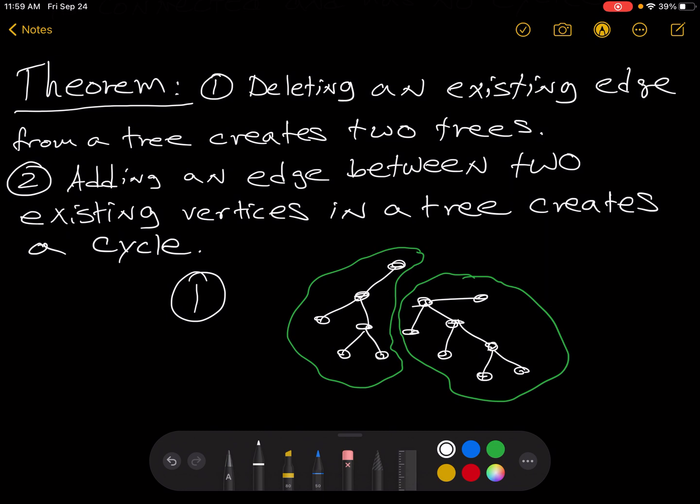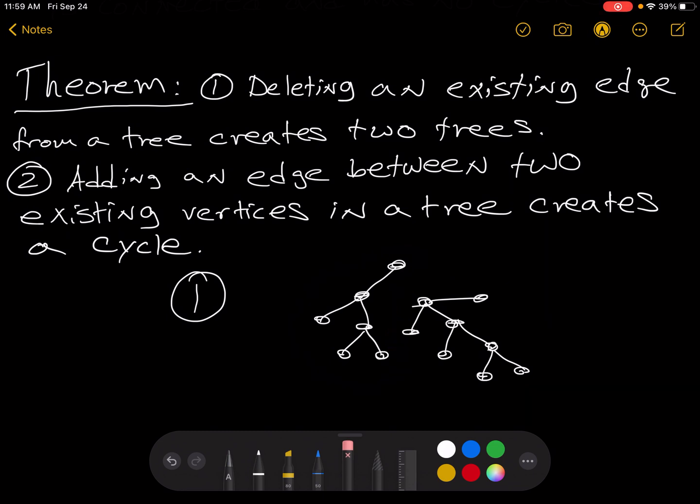If you delete any existing edge from a tree, then you get two trees. Maybe I should delete another edge, maybe that edge. Well, these are both trees. A single vertex is a tree. We've already talked about in previous lessons that a single vertex is connected.